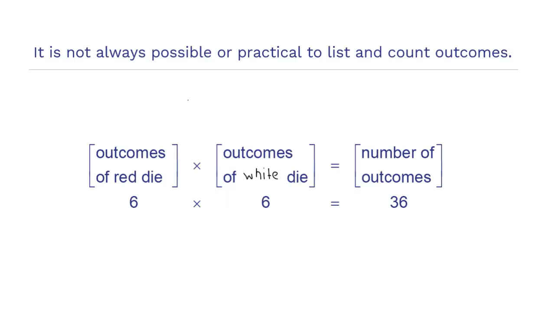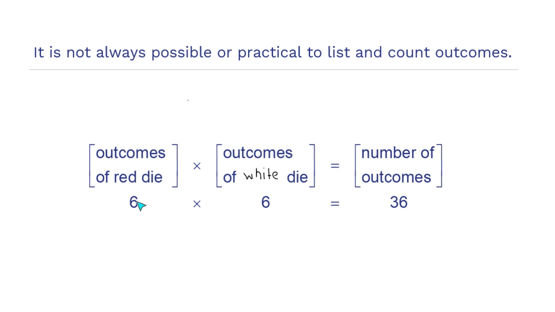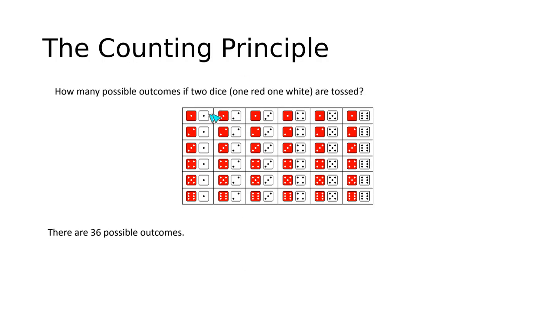So sometimes listing them is not going to be practical. So what we could do is we take the outcomes of the red die. So the outcomes of the red die are 1, 2, 3, 4, 5, 6. So we have a 6. The outcomes of a white die. So we look at the white die, we still have 1, 2, 3, 4, 5, 6.